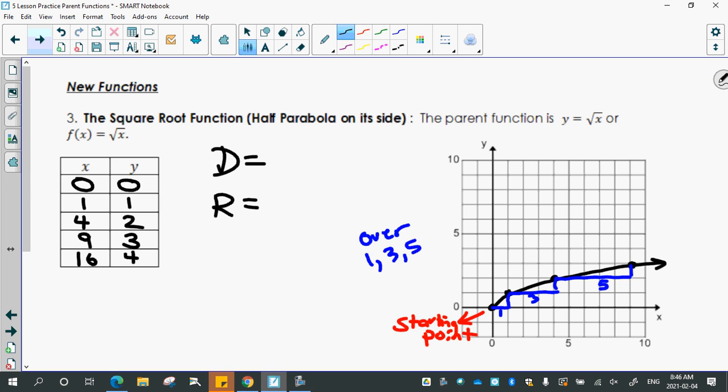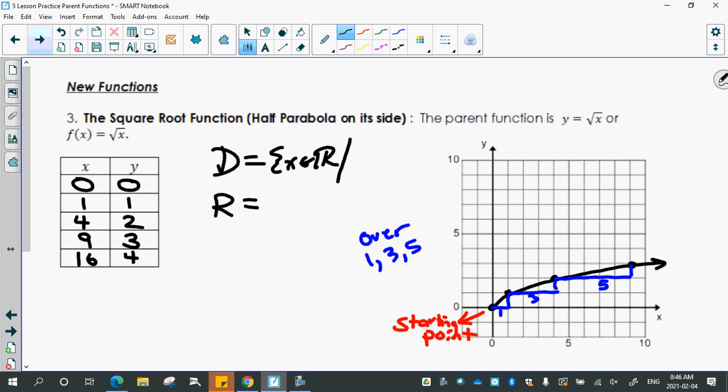That's the square root function. Anyone for domain?